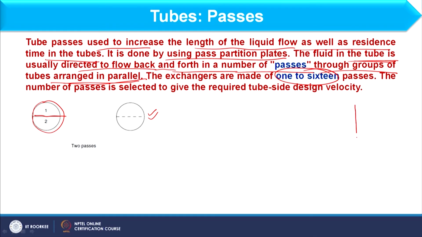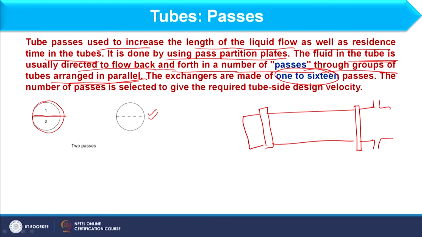To give an example, if this is the fixed tube sheet, this is the heat exchanger, and here I am having the cover. Right, and here I am having the tubes. Okay, and the pass partition plate is available here. So whatever fluid is coming will be addressed to the tubes available in this region.